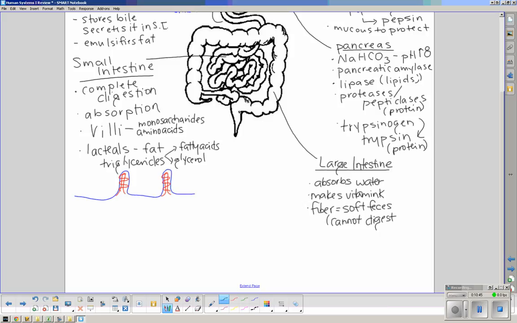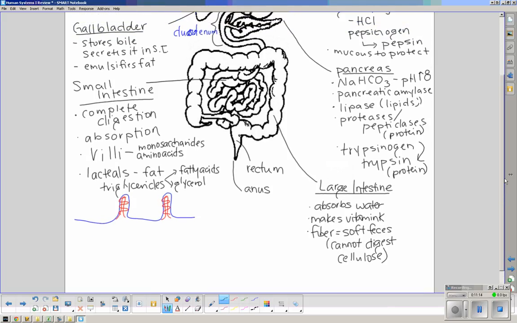And cellulose is plant cell walls. So anything that has lots of fiber in it is plant-based. Where there is a storage of ready-to-be-excreted feces is in the rectum, and the anus is the last spot with a sphincter, one under your control and one not so much. This is the digestive system and the secretions involved.